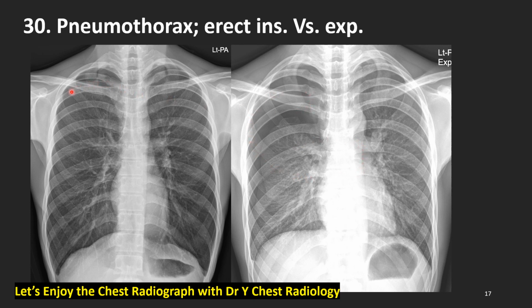Air is on the top, above the right upper lobe, here, and here even in expiration film. Yes, and there is a small air fluid level here. Fluid is downside. Air is light, so air is up. This is a gravity-dependent finding.